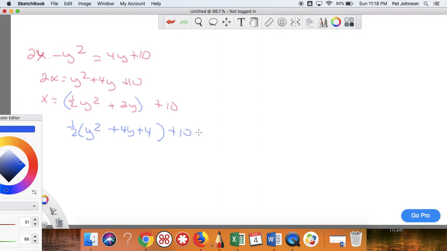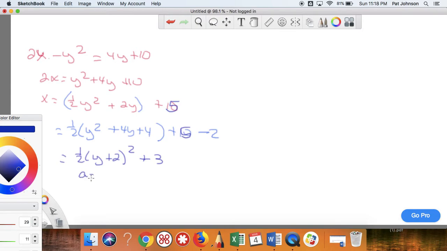The opposite of 2 is minus 2, so I have to minus 2, so I can make sure that I get a 0 out on this side. So then I have 1/2 times (y plus 2) squared plus, I didn't divide this by 2 over here. So this was 5. So this is plus 3.